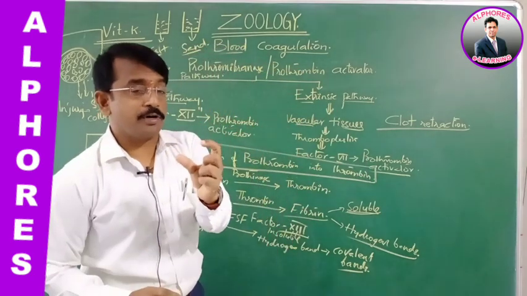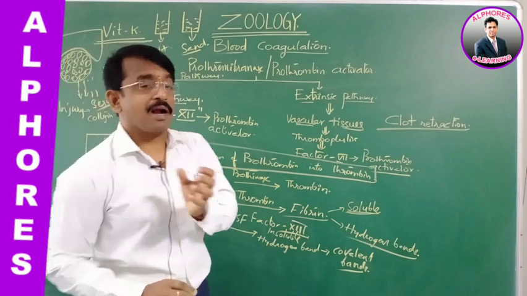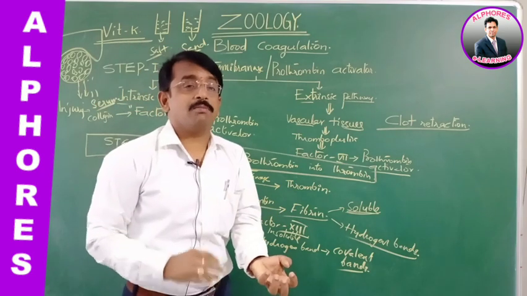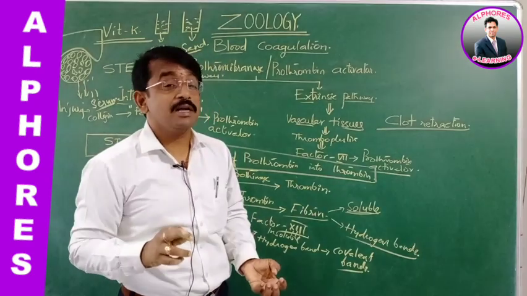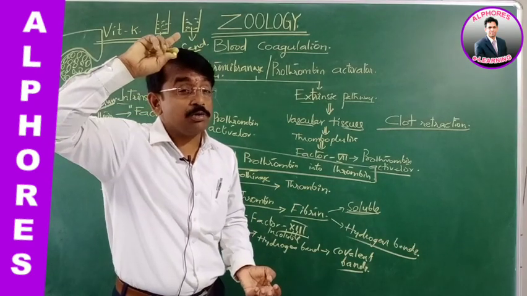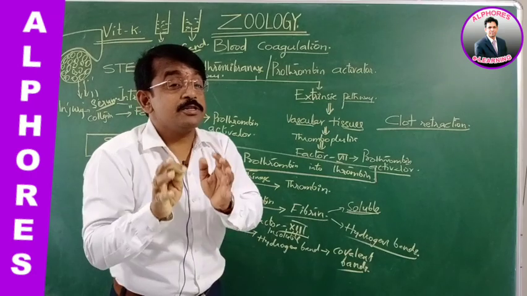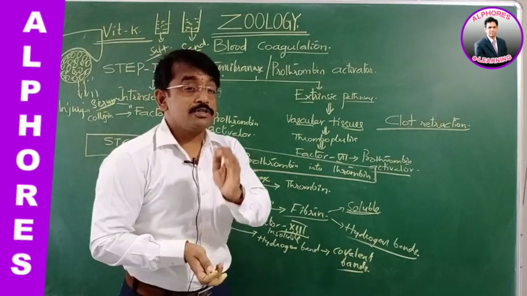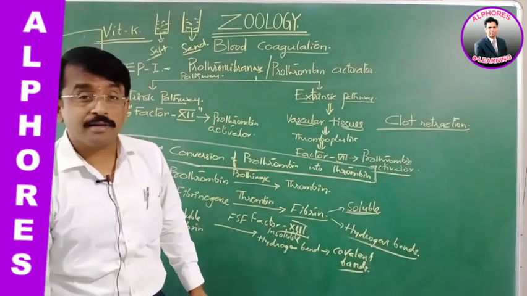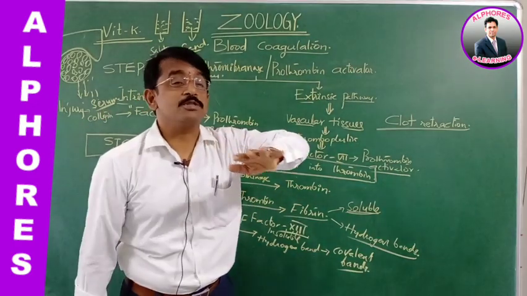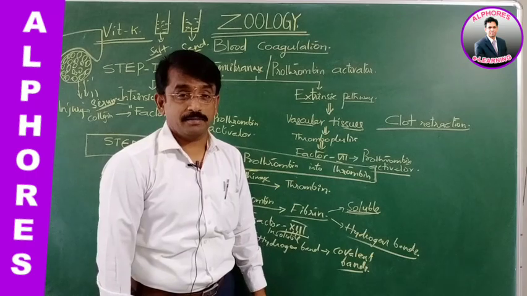After 3 to 5 minutes, a clot remains at the bottom and the fluid is seen above. The fluid present above the clot is serum. Already I told you, serum is plasma minus clotting proteins. Which means serum does not involve in blood clotting.